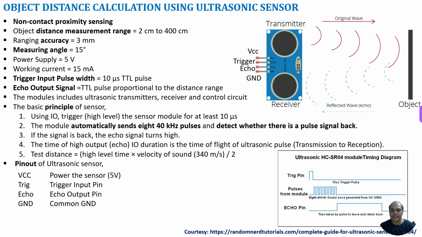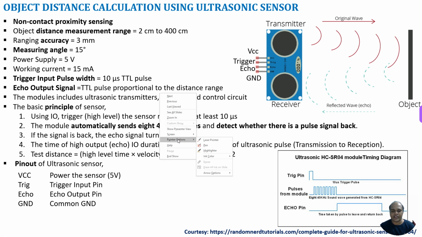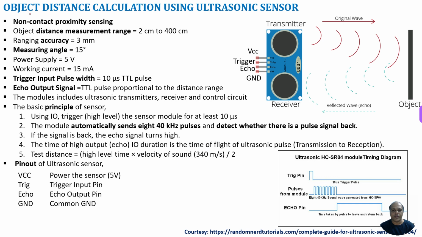So first let us discuss the fundamentals of an ultrasonic sensor. An ultrasonic sensor is a non-contact proximity sensor. It's non-contact, which means from a distance we are able to identify the object. How far is the object?